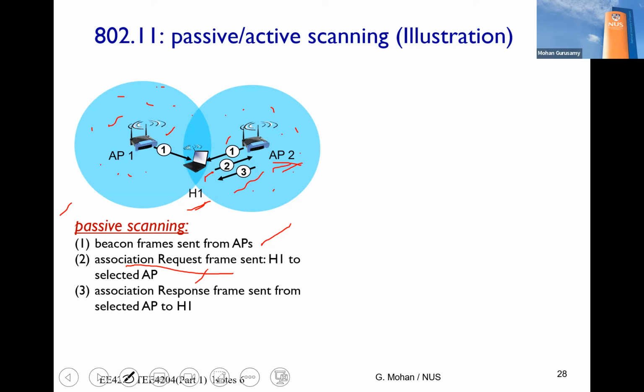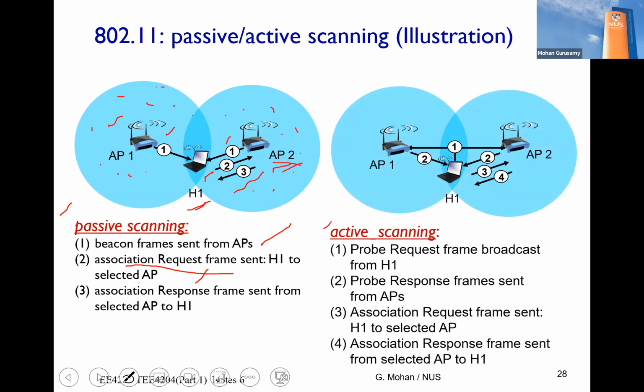Now in step number 3, AP2, that is access point 2, will respond with an association response message. Now it is done. In the case of active scanning, in step number 1, the host has to send a probe request frame. The probe request frame sent by host 1 is received by AP1 and AP2. In step number 2, AP1 and AP2 will respond with a probe response.